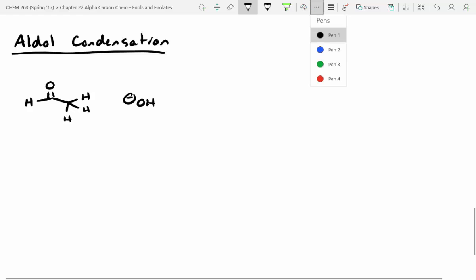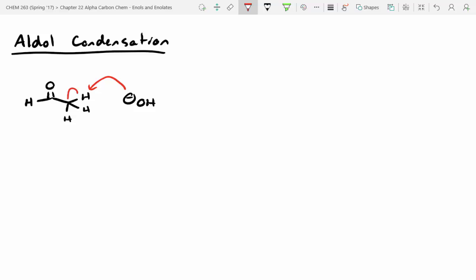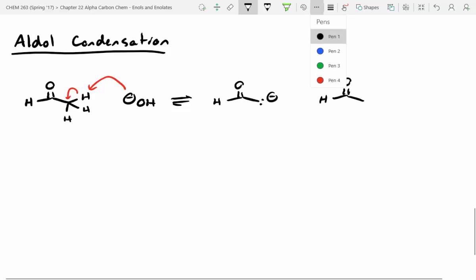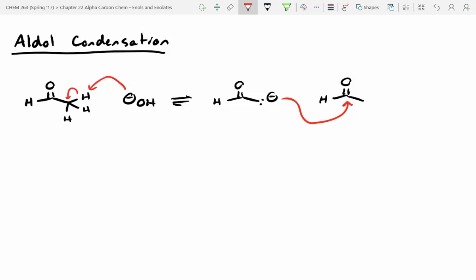Okay, so first step, we're going to form our enolate. We know that for sure. And then in the next step, we're going to have this react with another equivalent of our starting material. I know this is getting redundant, but hang in there.